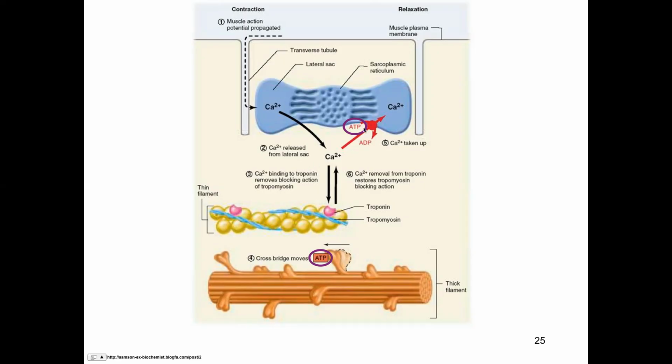Now, in order for the muscle to relax, we have to pump that calcium back into the sarcoplasmic reticulum, and that also requires ATP. Once we lose the calcium, the troponin tropomyosin complex will cover up the binding site for myosin on actin again, and the head groups will not be able to interact.